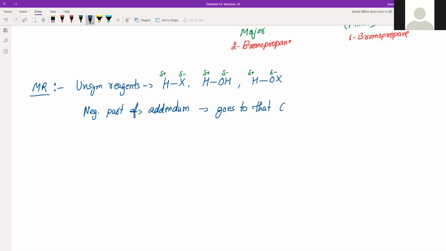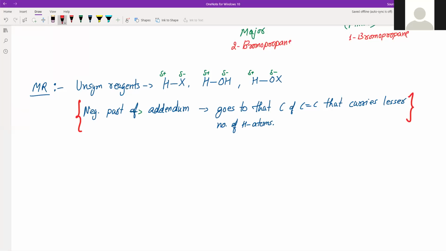The negative part goes to that carbon of the carbon-carbon double bond which carries lesser number of hydrogen atoms.